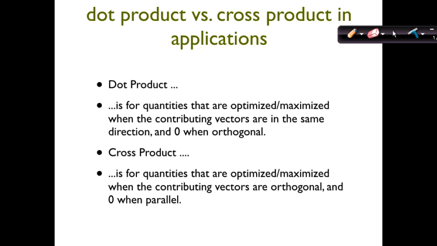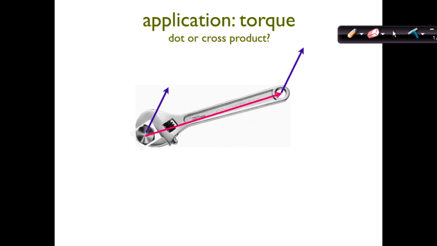All right, so let's look at some new ones and try to figure out what they are. Dot product or cross product. So torque. Torque is like turning force or twisting force.